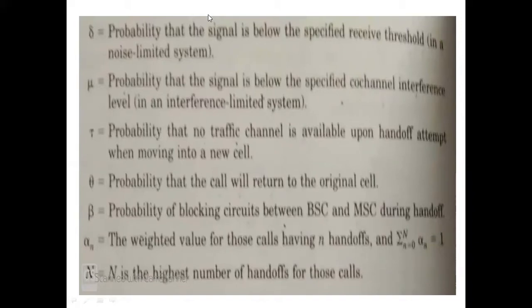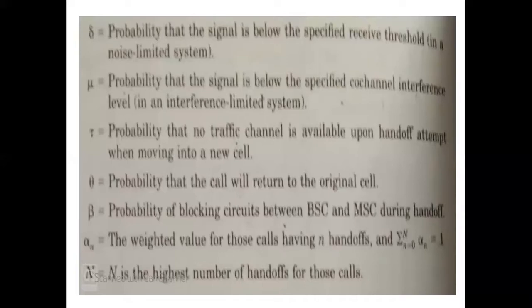Next, mu. Mu is the probability that the signal is below the specified co-channel interference level, that is, the required C by I value. Already we know handoff depends on C by I value and signal strength.